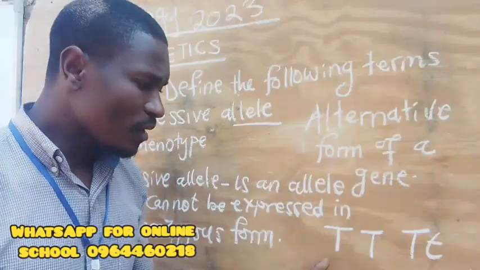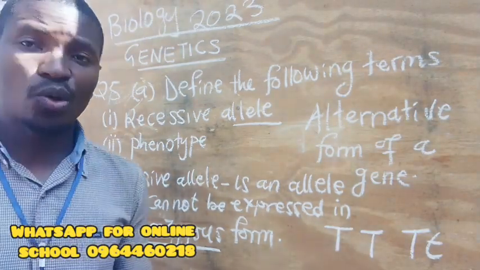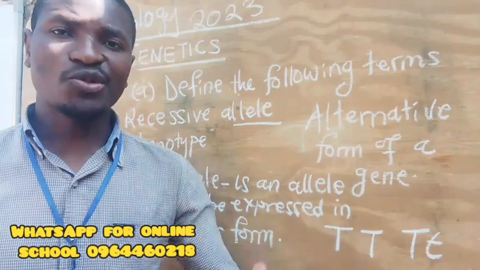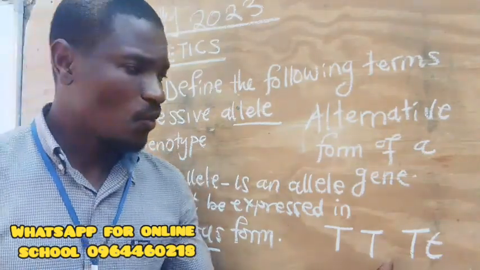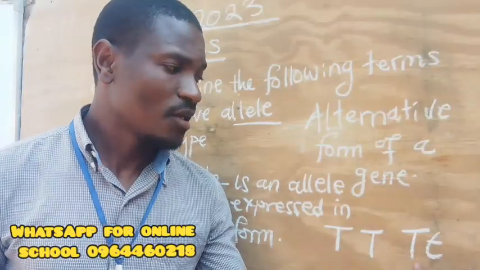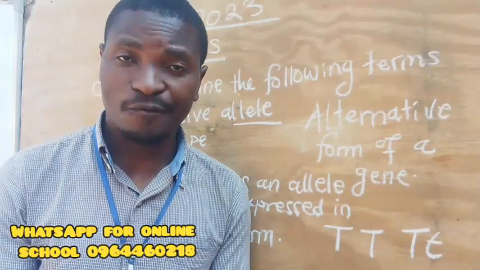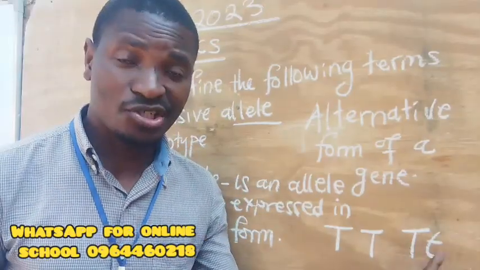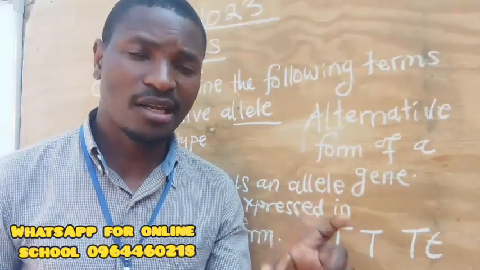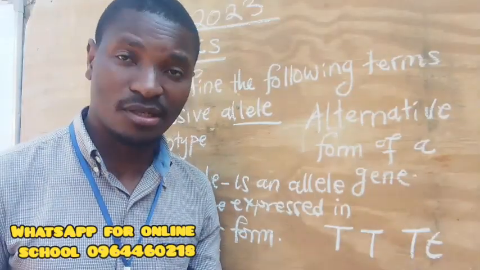Now, you have just seen what is called heterozygous. Heterozygous means that you have two different kinds of alleles, where one is dominant and the other is recessive. A recessive gene is always represented in a small letter, and the dominant is always represented in a capital letter.